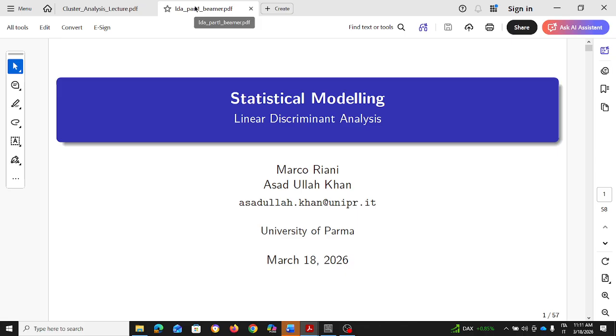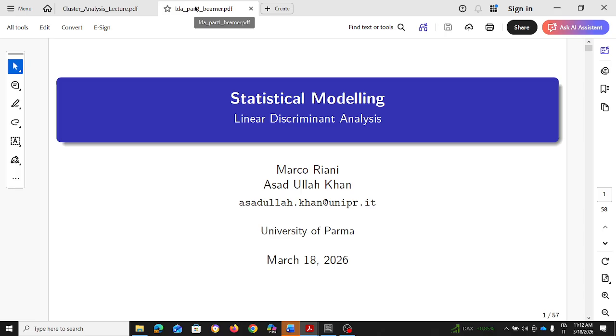PCA is unsupervised, and it's a linear method. Okay. On the other side, we have LDA.